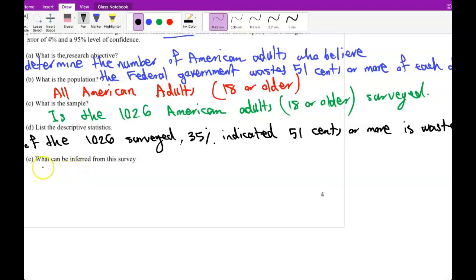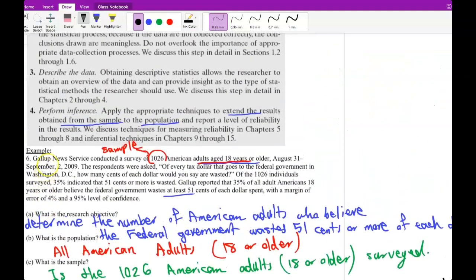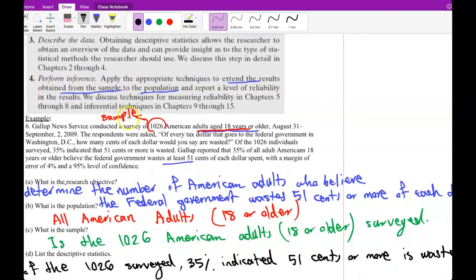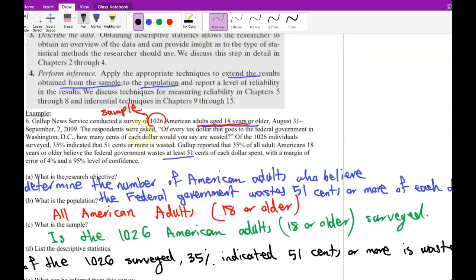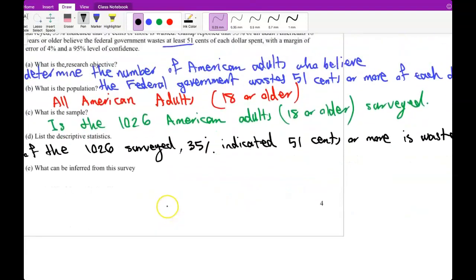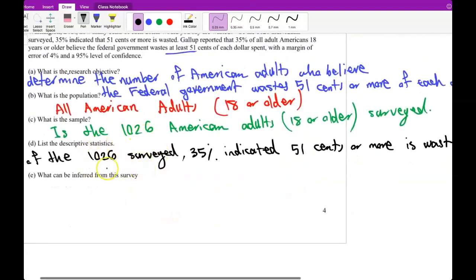Okay, part E. So this is what we have here, perform inference. We want to extend this from the sample of 1,026, extending that to the population. So extending this 1,026 to all American adults.